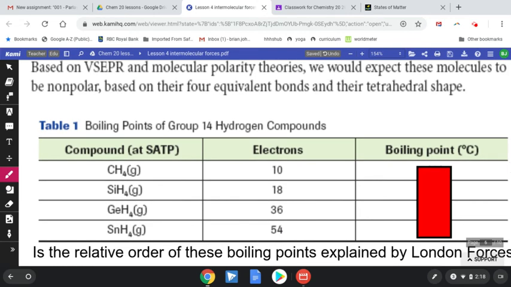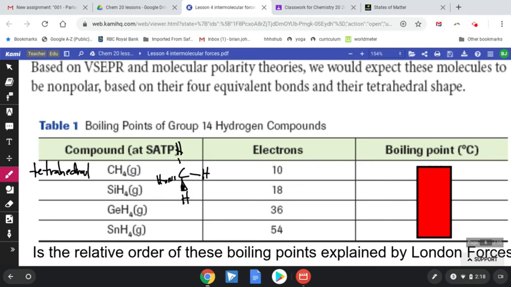So we have 4 molecules here, and they all have the same shape. They're tetrahedrals. So they are going to look like this, with bonds into the page and out of the page.